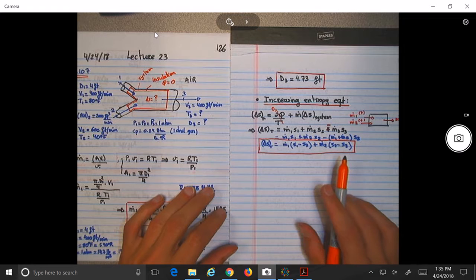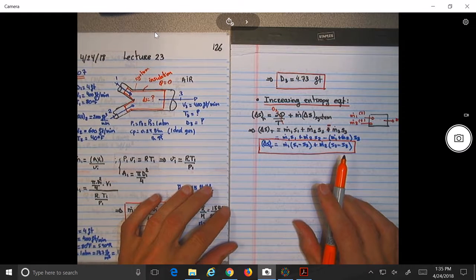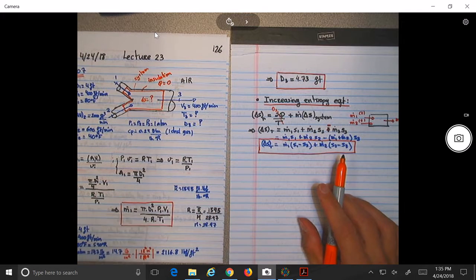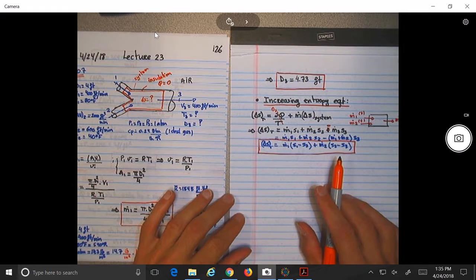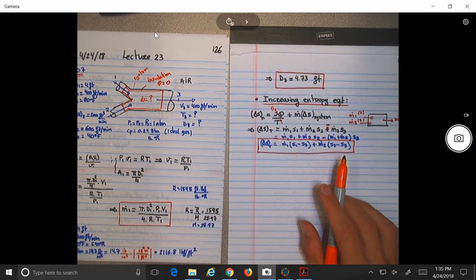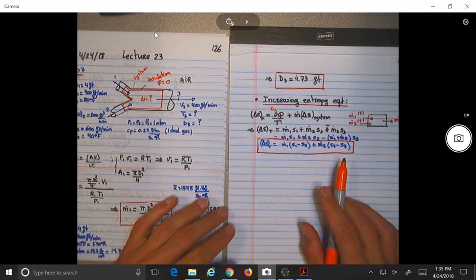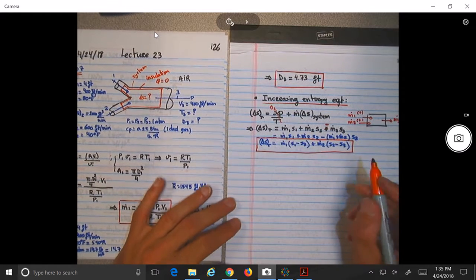Not really, because this is air. Remember, the S for the air is an S naught, which is not good. So let's rederive everything from scratch again.